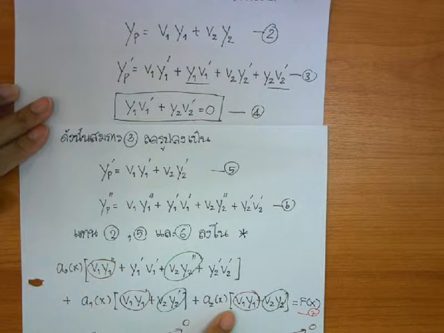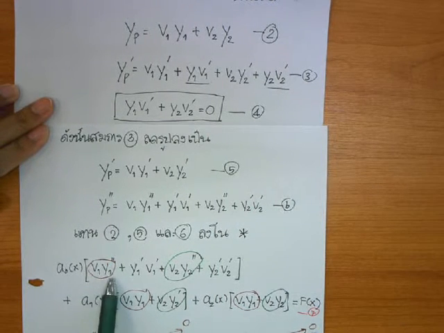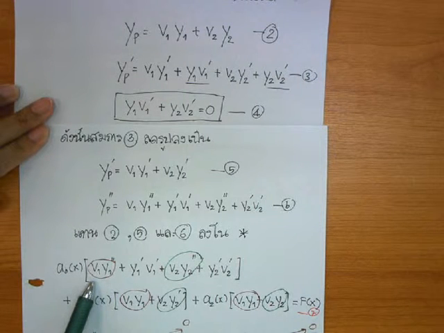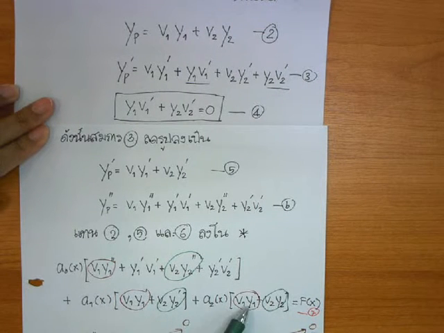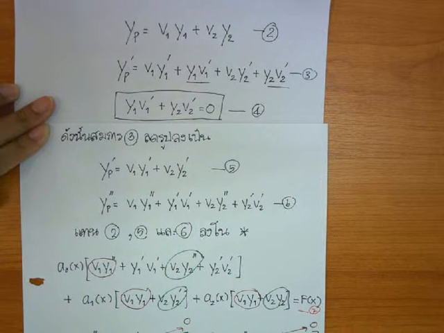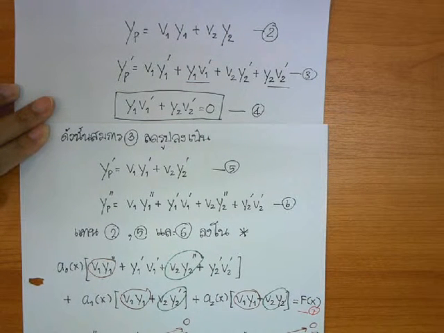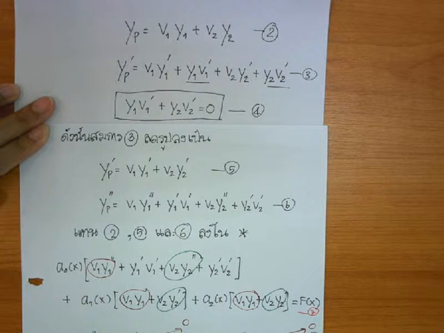From equation 7, take a look at the term that I circled in red. We would get a0 times the second derivative of y1 plus a1 times the first derivative of y1 plus a2 times y1, and the whole term is multiplied by v1.